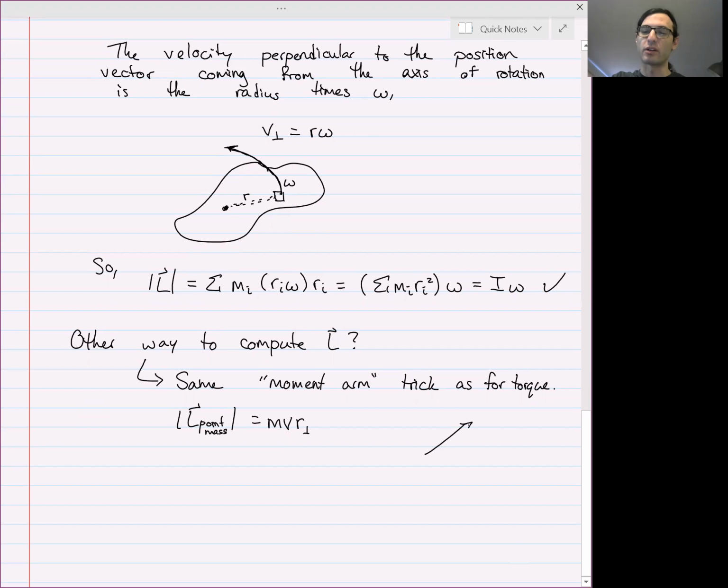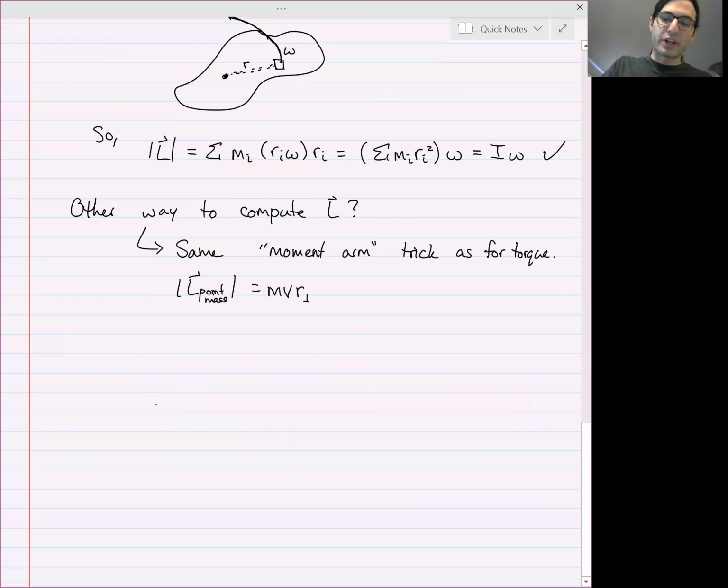Just consider, like, you have two vectors. The sine of the angle between them gives you this distance effectively. So we can use that trick like we did for torque. So let me draw a picture here. Let's say that we have a pivot point here, or an axis of rotation. And let's say that we have an object, a point mass, moving with some speed v this way.